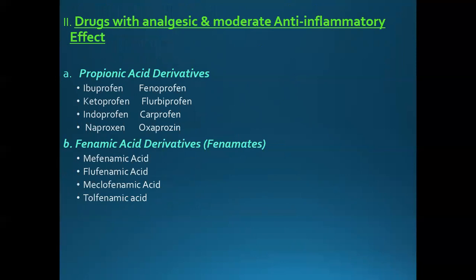Naproxen is commonly being used along with ibuprofen and also ketoprofen and fenoprofen, and then oxaprozin. Then we have fenamic acid derivatives, and these are also known as fenamates: mefenamic acid, flufenamic acid, meclofenamic acid, and tolfenamic acid.